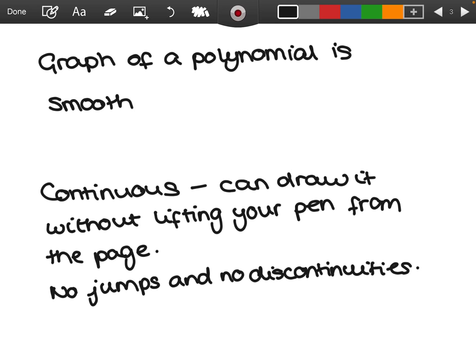Even if there is one point on the graph where it's not defined and then it carries on like normal, that wouldn't be a polynomial because I would have to lift my pen from the page at that point because it would not be defined at that one point. So that would be a discontinuity.